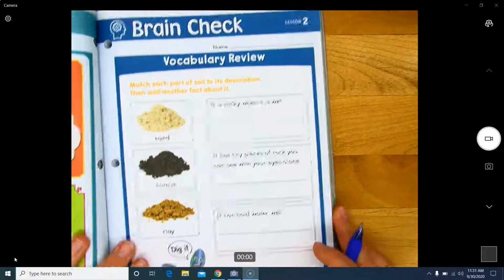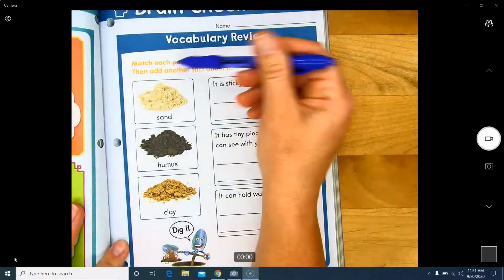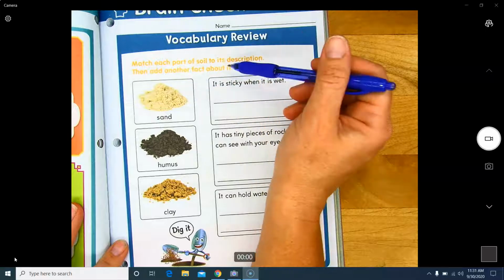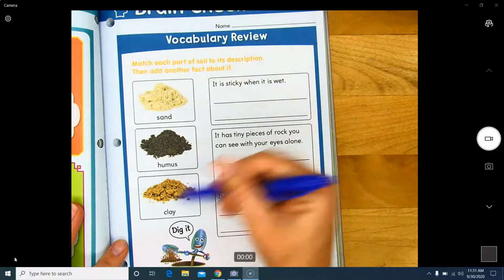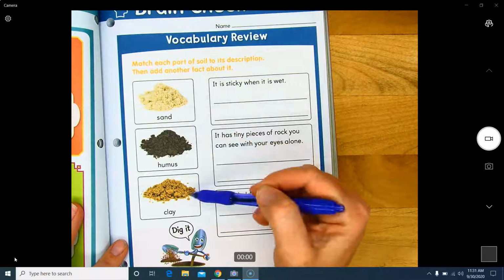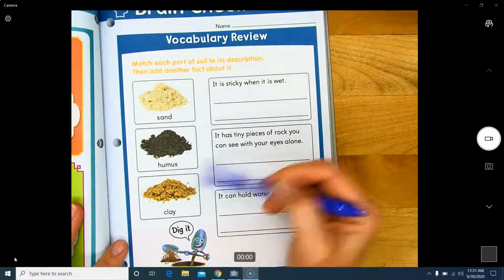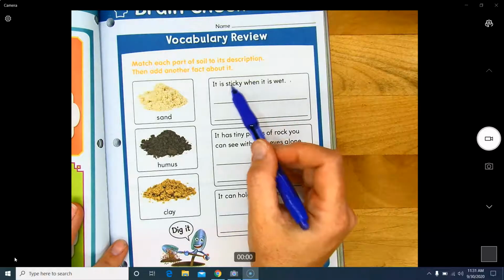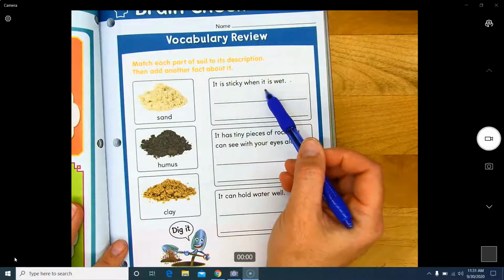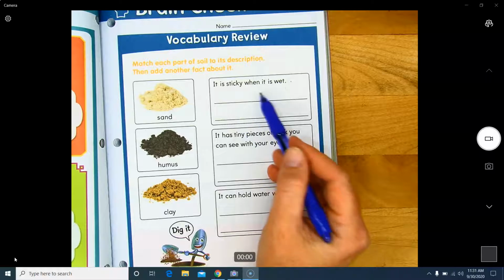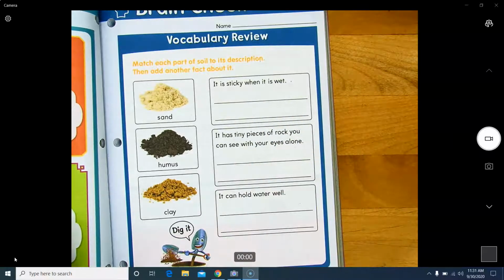Your brain check. It says match each part of the soil to its description, then add another fact about it. So you're going to figure out which picture, which type of soil goes with which description. So up here it says it is sticky when it is wet. So what is sticky when it is wet?